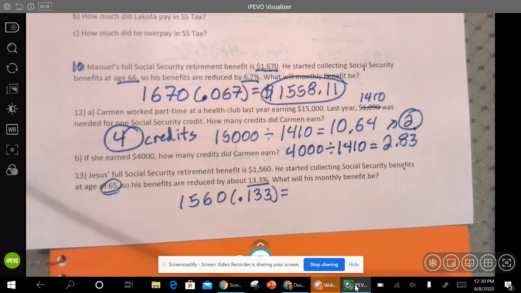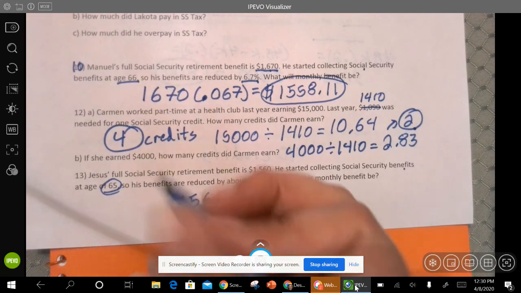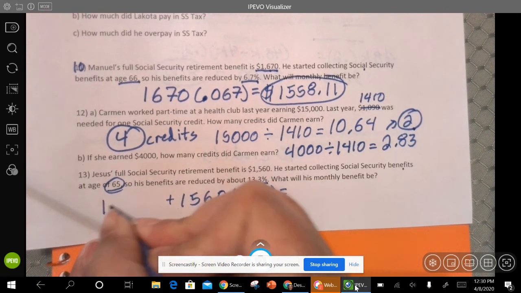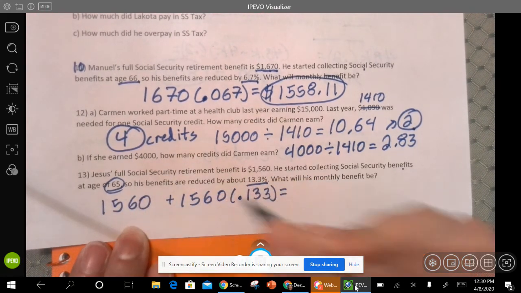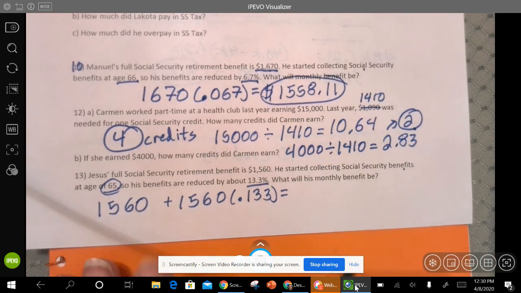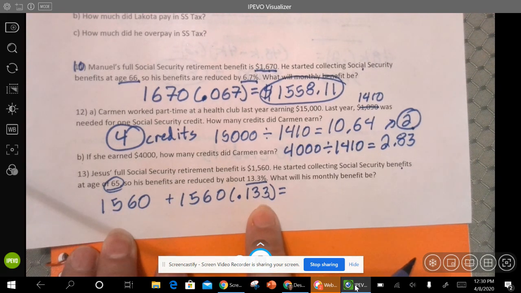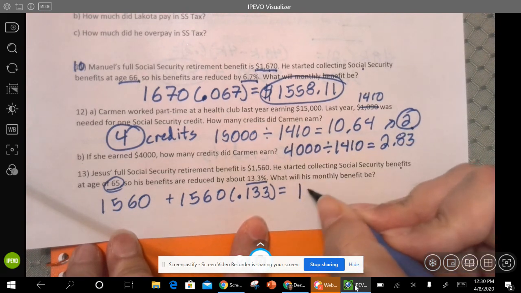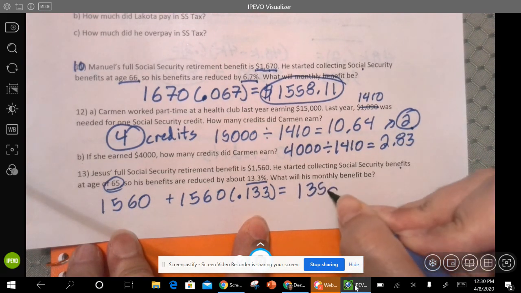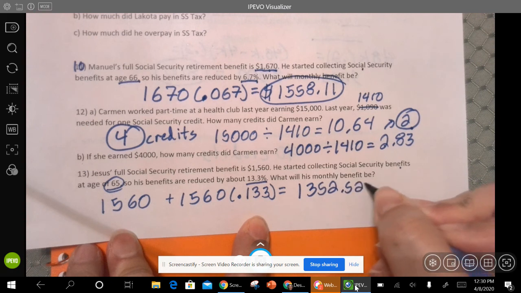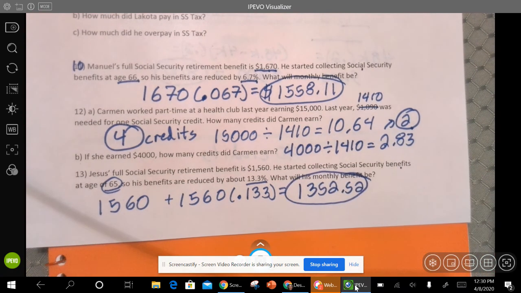Also just so you know, everybody, sometimes people will retire early due to health issues or if they need to take care of family. So it's going to be the full amount minus the full amount times the percent reduced. Okay, so Jesus would get $1,352.52. Okay, everybody got this.